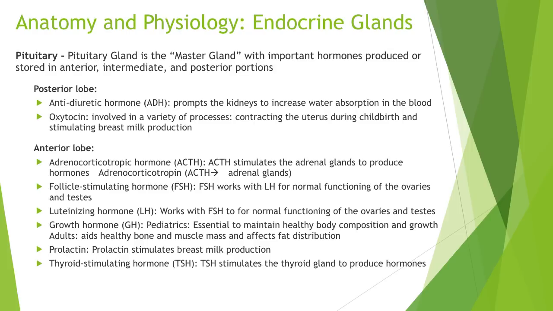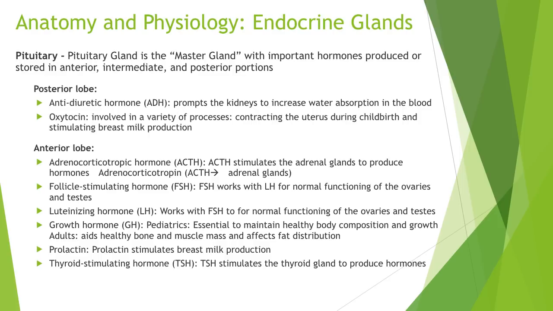Oxytocin is used to allow contraction of the uterus during childbirth, and it also helps promote the stimulation of breast milk once the child is born. In the anterior lobe, we have other specific hormones, such as adrenocorticotropic hormone, which is utilized by the adrenal glands for production of hormones.